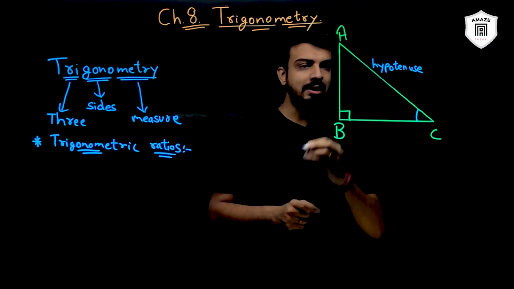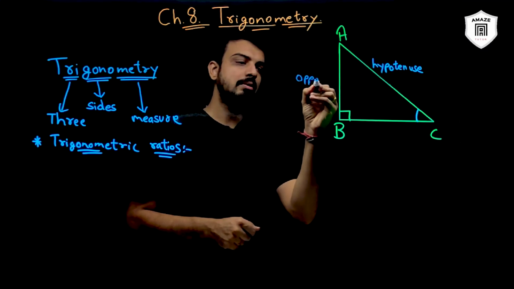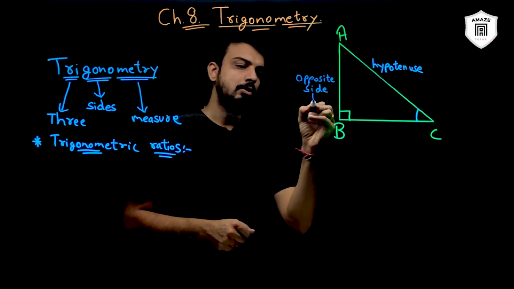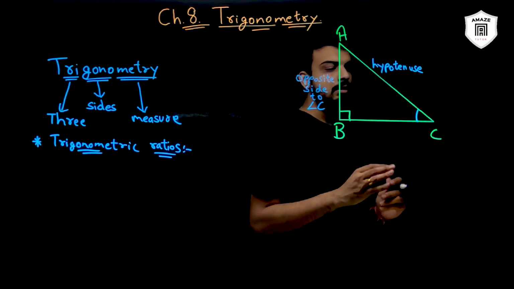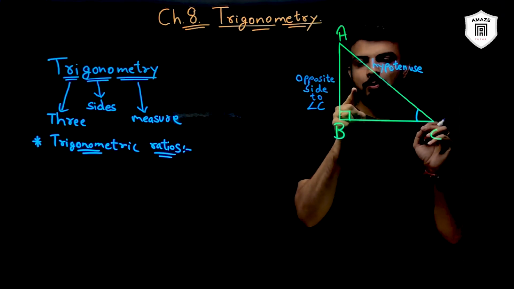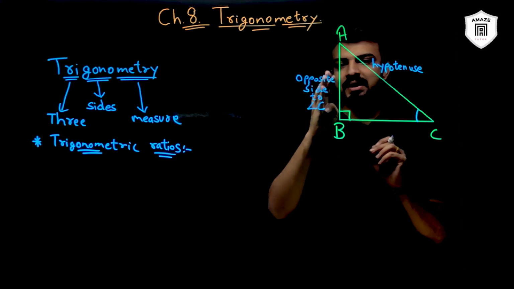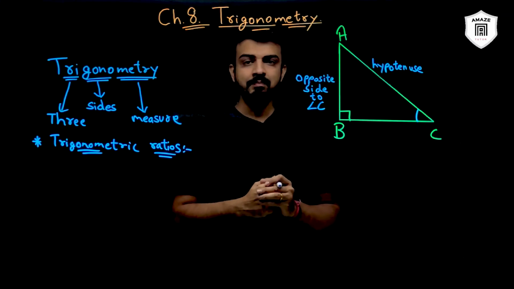So we call AB the opposite side to angle C. Again, with reference angle C, the opposite side is nothing but AB.